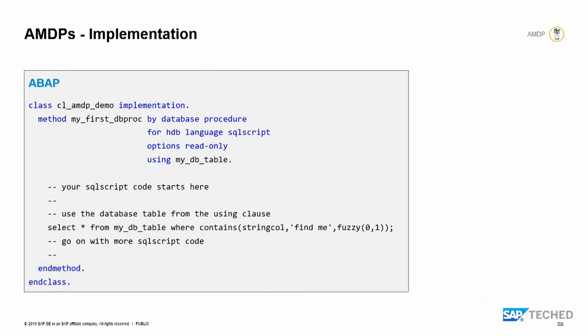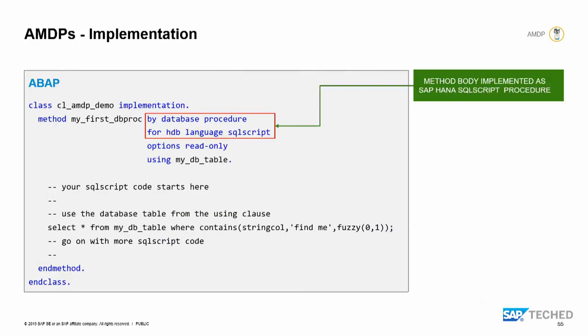And we also need to take care of a specific signature for this method implementation. Here it states the specific keyword or syntax that we need to use: by database procedure for HDB language SQLSCRIPT. That will allow us to write in this method only SQL script code.